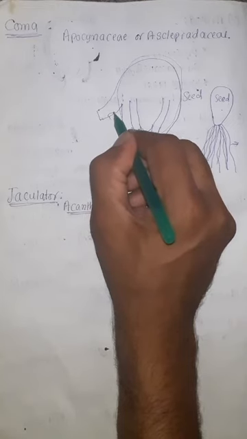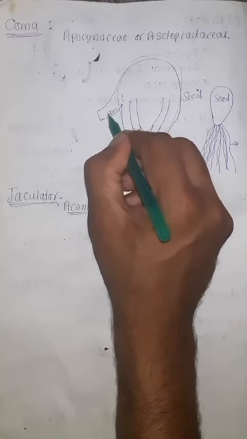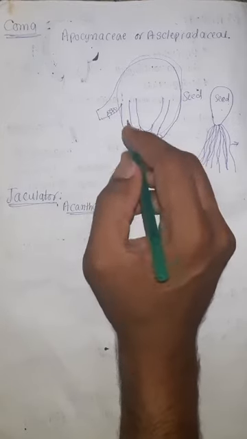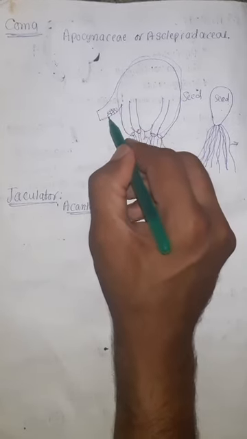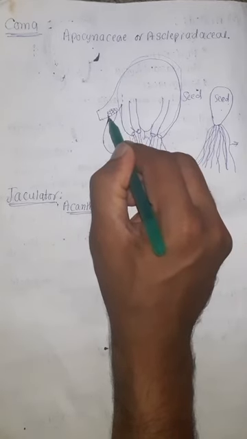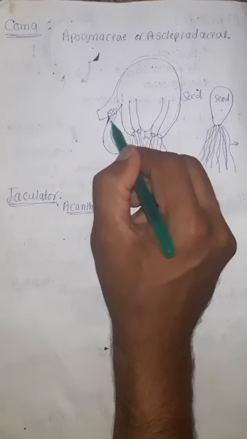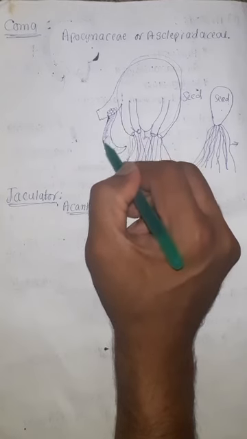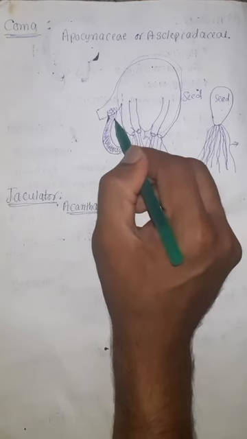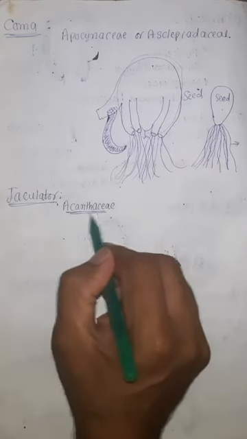Some cells from the funicule elongate and differentiate into a stiff hook-like structure like this. This stiff hook-like outgrowth is known as jaculator, which is found in the family Acanthaceae.